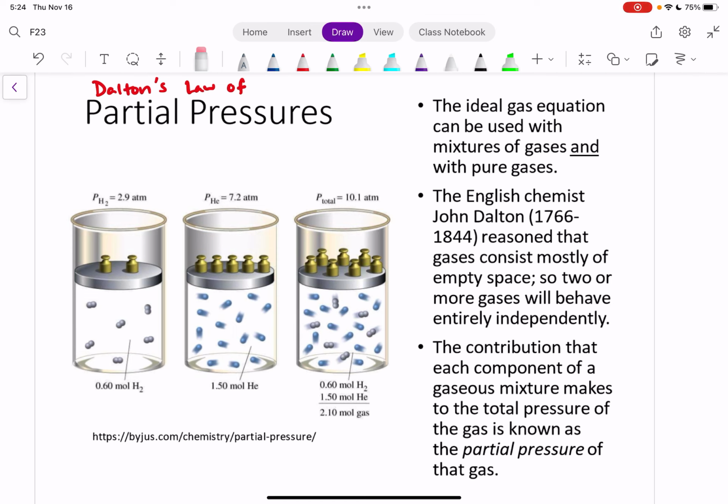So he found out that each component in a mixture of gases contributes to the total pressure in that mixture of gases. And this is called Dalton's law of partial pressures.